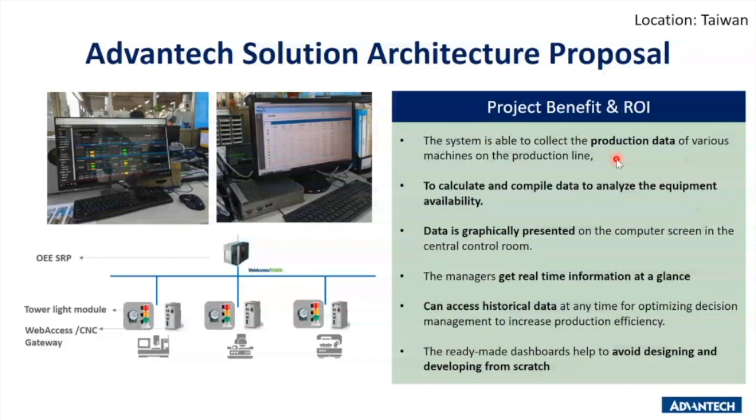So they have real-time information at one glance. And because all this data is recorded and stored in our system, you can access the historical data anytime to find out what happened earlier this week or even one month ago.